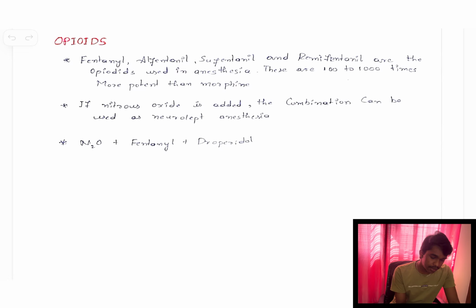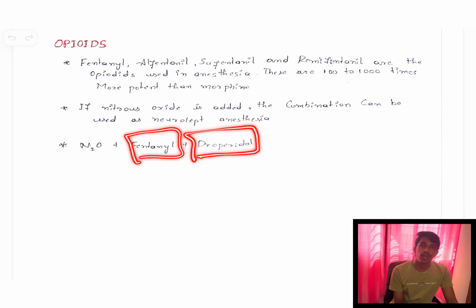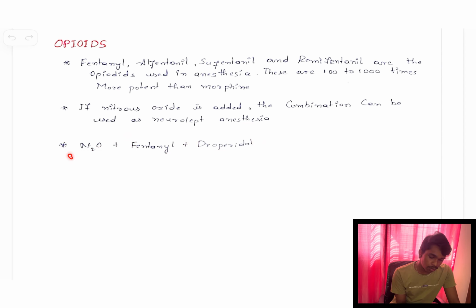I have added this under opioids because we will add this fentanyl with droperidol, which is a neuroleptic agent, and we are adding it also with the carrier gas, that is nitrous oxide, to produce the effect or act as neuroleptic anesthesia. So this was all about IV anesthesia.